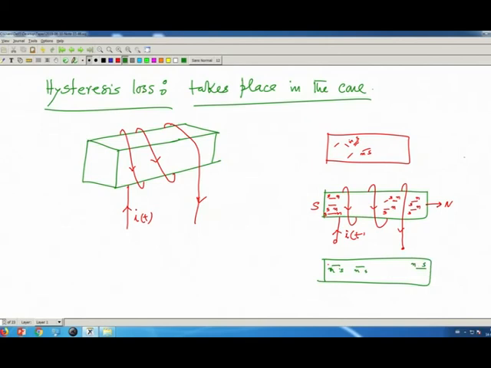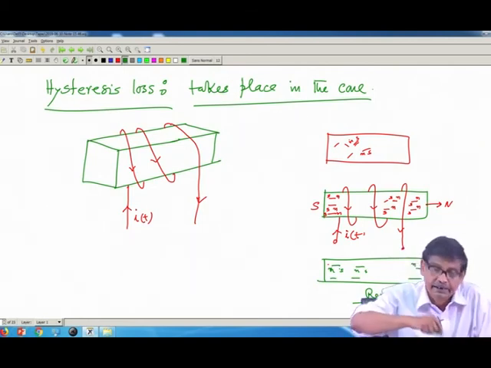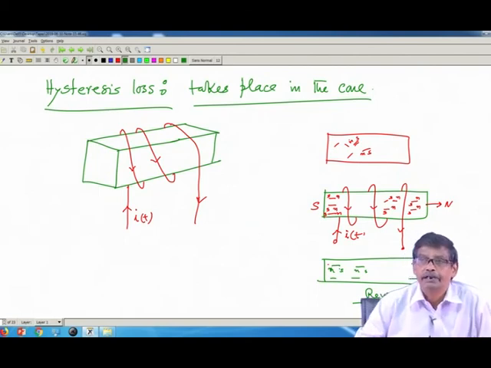Each one will move and finally align, provided you reverse the direction of the current. Therefore, if it is a 50 hertz current changing, then you are asking each molecule to move this way, then that way, always.